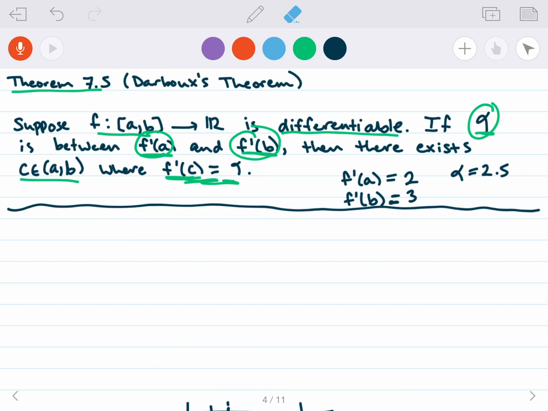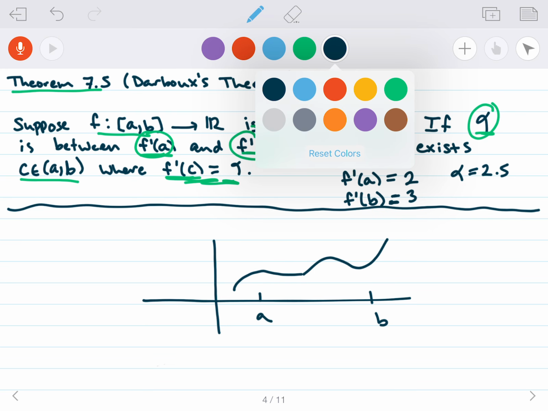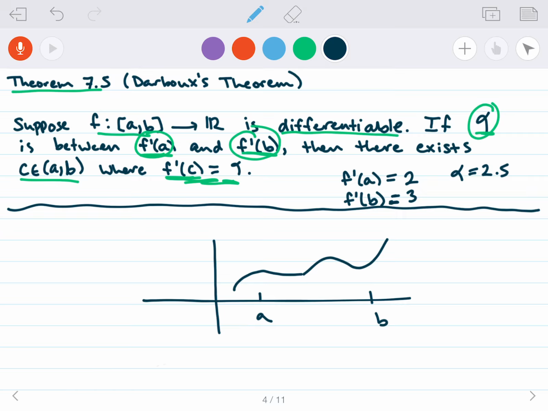And maybe we can draw it. So here's A, here's B, and let's say it goes like this, and maybe it's slightly steeper right there. I don't know if I drew this to scale, probably not, but let's just say that this guy is f prime of A. So the slope of this tangent line is 2.